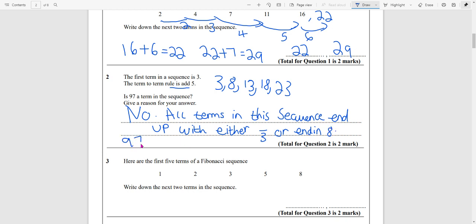So 97 is definitely not in this sequence.